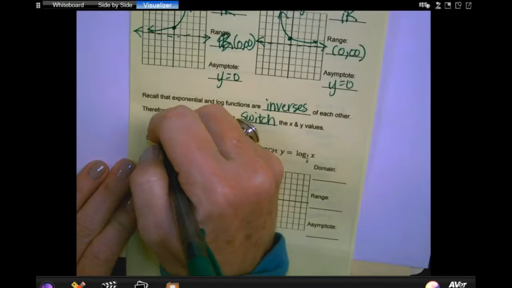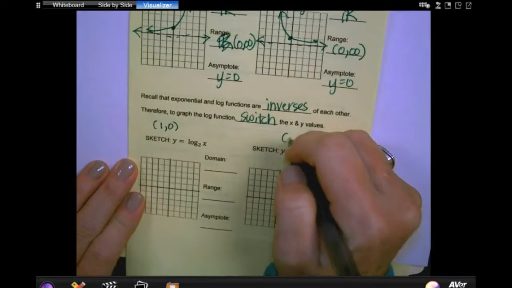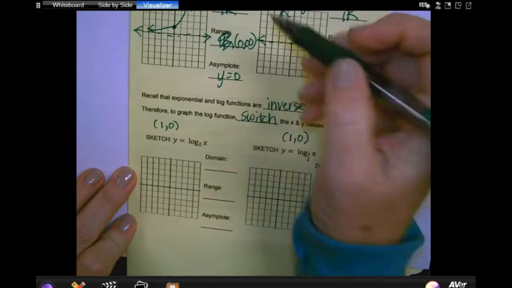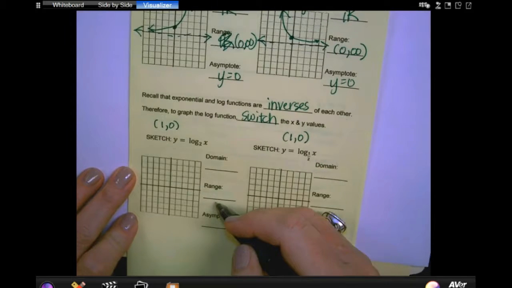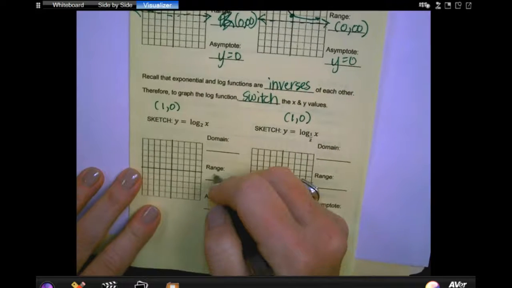Now I know that the log and the exponential are inverses, so I'm going to switch the x and the y. So if I use the point 0, 1 for the exponential, what point am I going to use for the log? 1, 0. I'm going to switch them. So if the domain is all real numbers, the range is going to be all real numbers for the log.